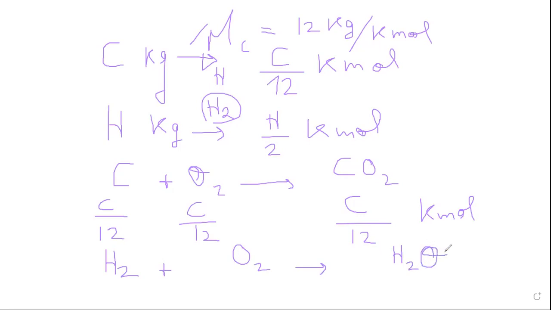So we put as coefficients 2H2 and 2H2O, because in this way, the number of atoms H from both sides will be 2 times 2, which is 4. And for O2, here we have 2 and here we have 2. So this is the proportion that we should have.